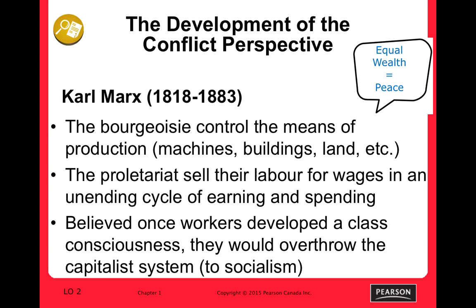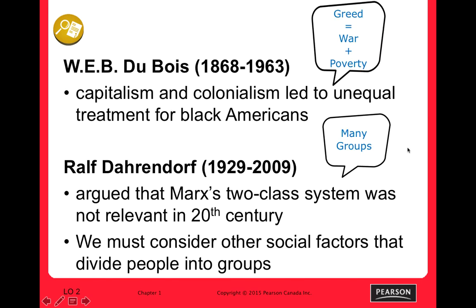So Marx thought that they should overthrow this capitalist system and move towards more of a socialist or a communist type of class or social structure. So again, these ideas are super, super important. He thought that equal wealth would equal peace. We now know that that's not true, but again, important to be aware of.